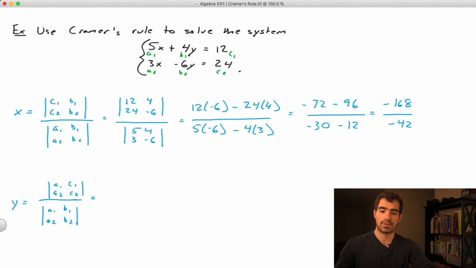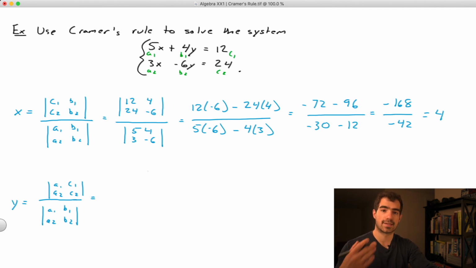And finally, reducing this fraction of negative 168 divided by negative 42. First of all, we've got two negatives, so that's going to make this positive, but then 168 over 42 is just positive 4. And so we've found the x value of our xy solution pair.